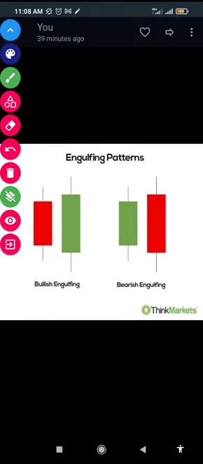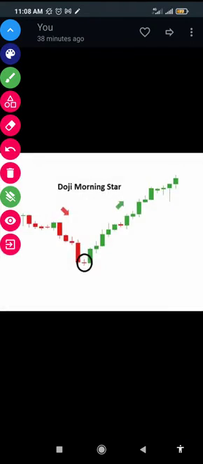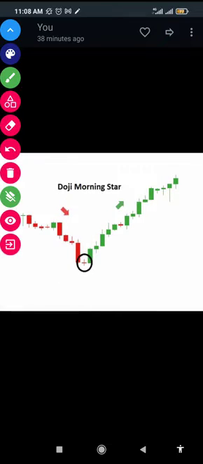Now, indecision in the market is doji. We are still on doji. Then there is a morning star. This is actually a morning star formation too, but let me use this one to explain what morning star is. Morning star is three candlesticks together.